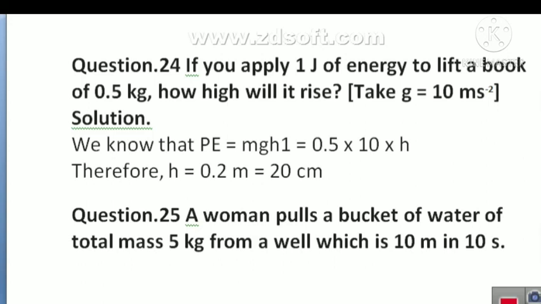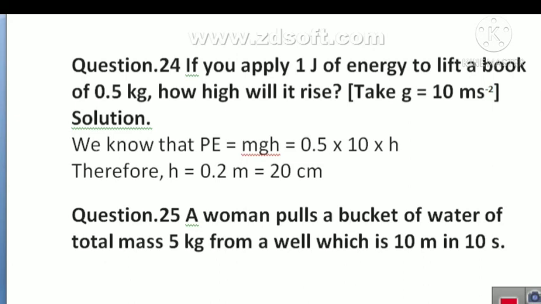Here the value of m, that is the mass of the book, is 0.5 kg. Then g value is 10 meter per second square, and height we have to calculate. Potential energy is given, that is equal to 1 joule.